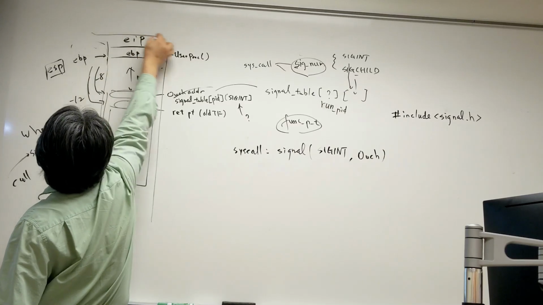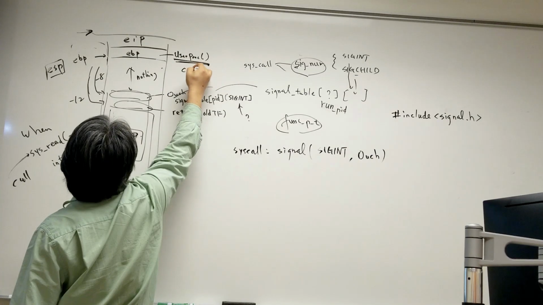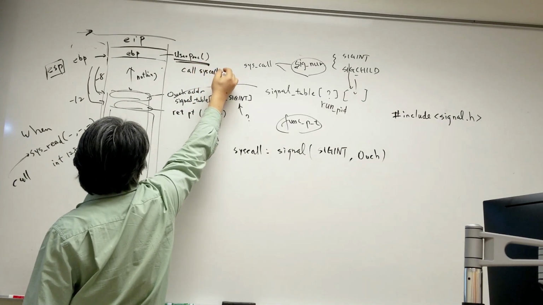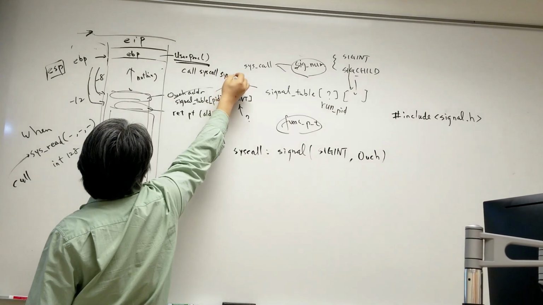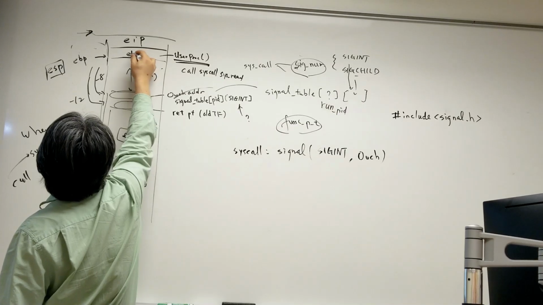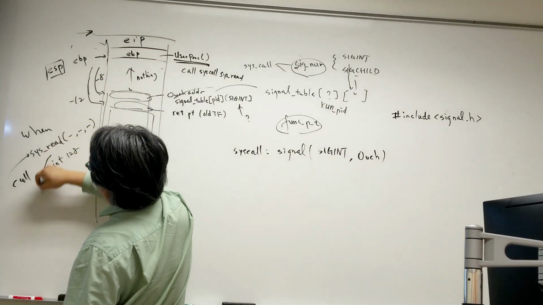The stack pointer was way out there in the user proc, but when the user calls the syscall read, the return address will be pushed here, and the code inside the sysread will start to enter.